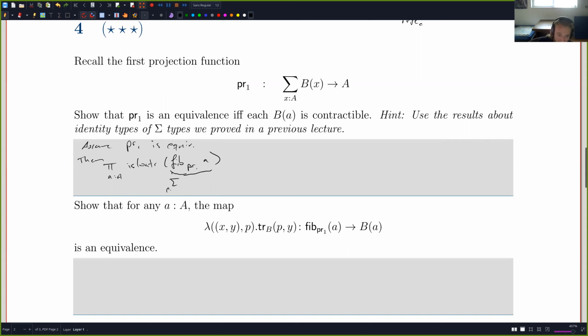So we have elements x and y in the sigma type, x in A, y in B of x, and witnesses that PR1 of (x, y) is equal to a. But PR1 of (x, y) is judgmentally equal to x, so we really just have x equals a here.